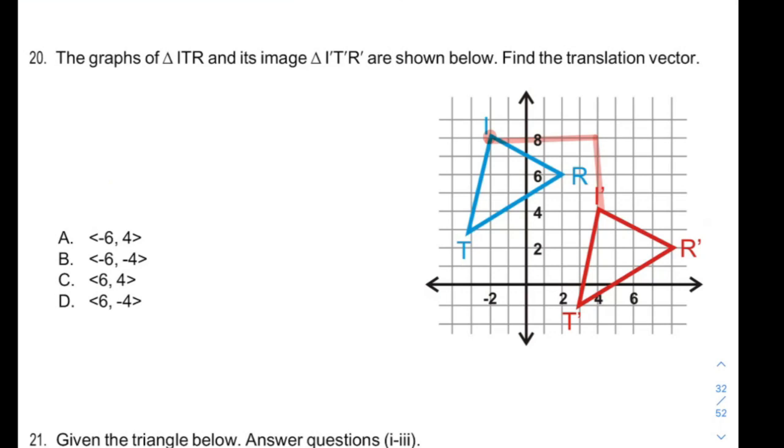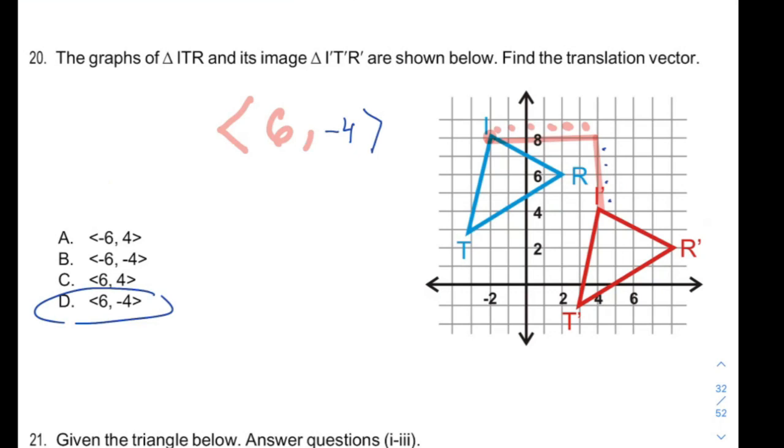How many units has I moved to the right? 1, 2, 3, 4, 5, 6 units to the right. So it is positive 6. And it has been moved 1, 2, 3, 4 down. So it is negative 4. So the answer or the vector is D, definitely.